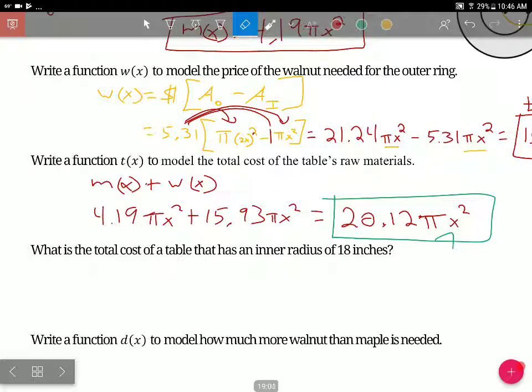So here we go. We want to know what 2012 pi times 1.5 squared is. So take out a calculator. What's 1.5 squared? 1.5 squared is not 3, I guarantee it. So what, $2.25, I think? $2.25.